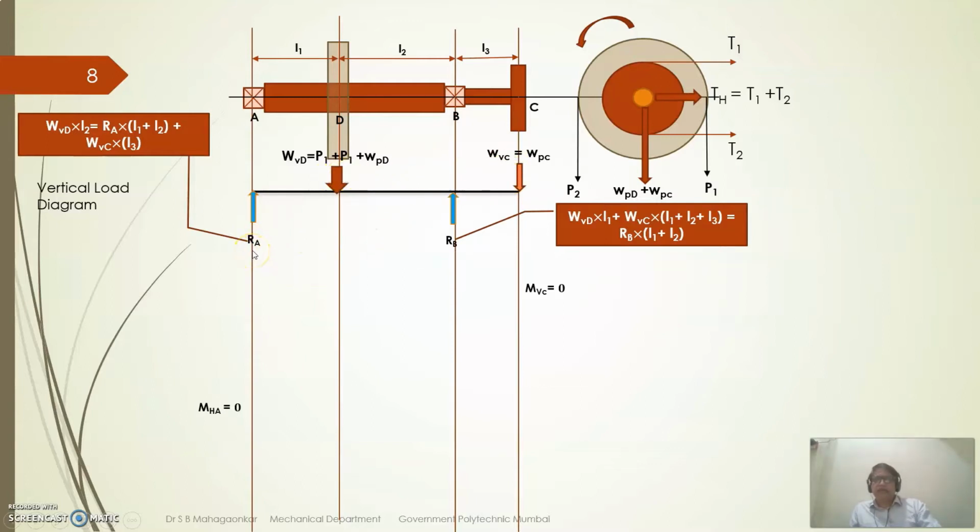And suppose when you calculate RA you get a negative value, then the direction should be reversed. Okay, so the vertical load diagram is completed.